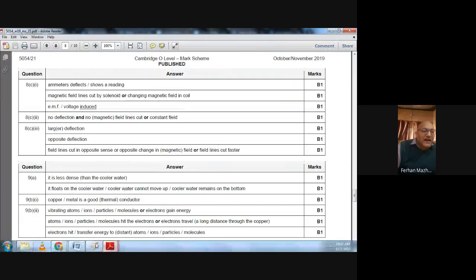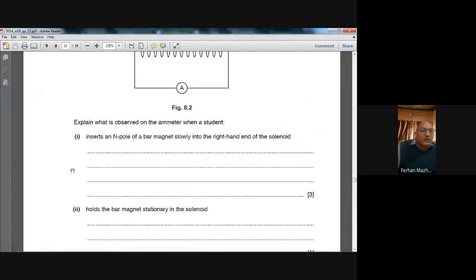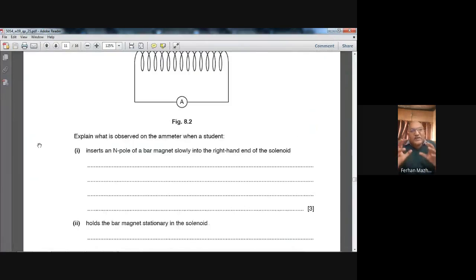So will you write the answer? You see, when the north pole will approach the right side of the solenoid, the magnetic lines passing through the solenoid will change.